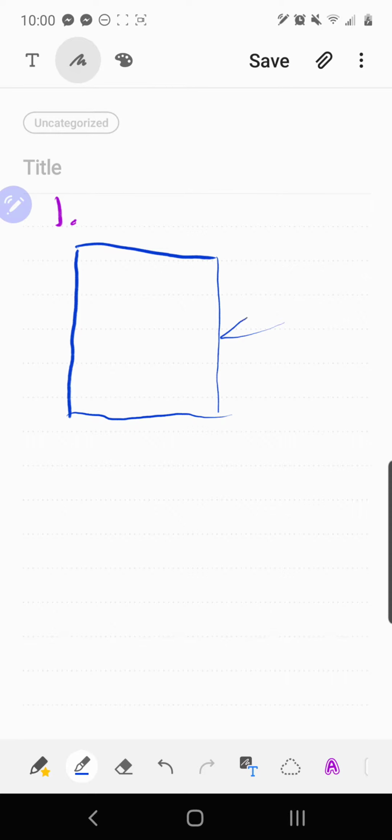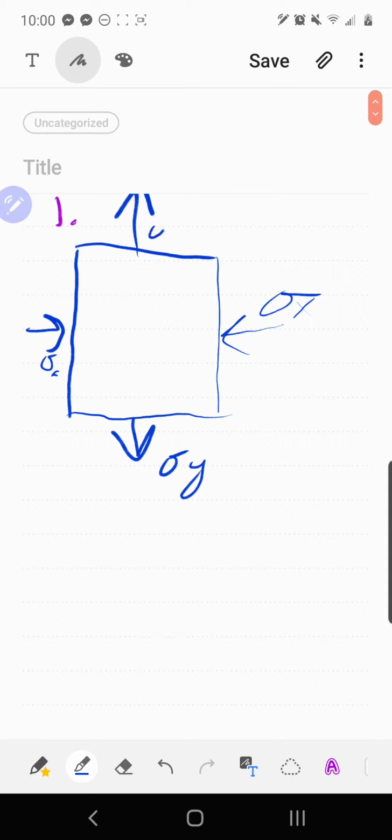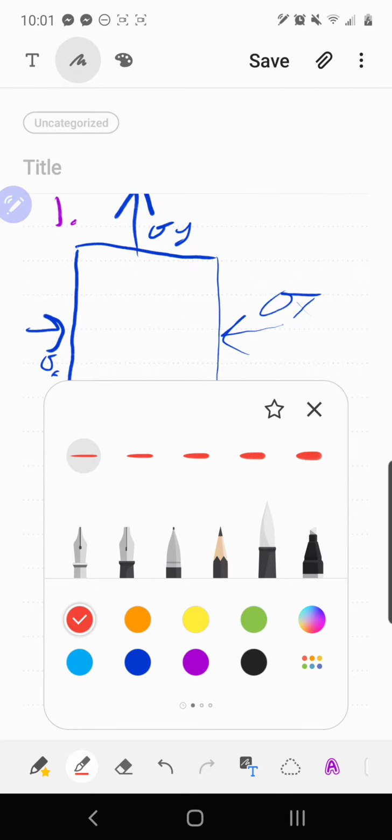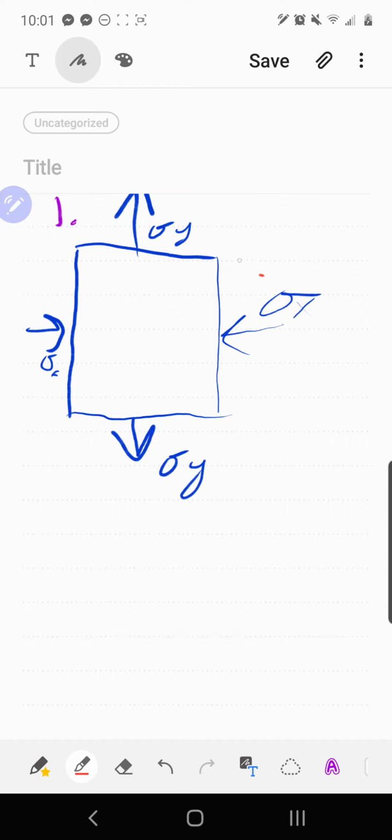We have a compression force coming from this way and this way, sigma x and sigma x, and then tension in these two directions, sigma y, along with some shear stresses going in these respective directions.